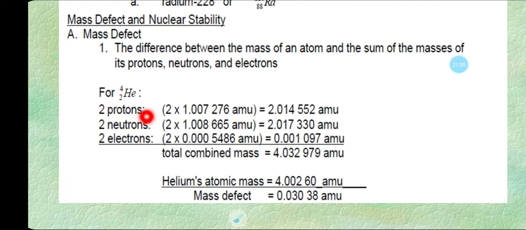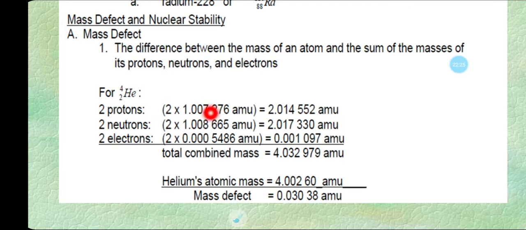So we know the atomic mass unit of the proton, so we multiply 2 into 1.0073. The neutron also we know from the previous slide, 2 into 1.0086, and the electron is 0.000548, which is a very small mass unit.